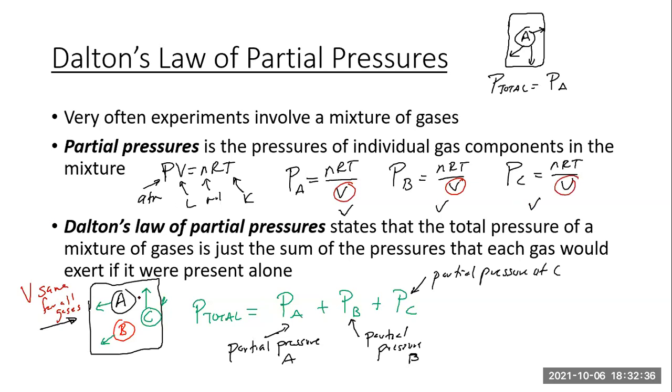The other thing is this container is most likely sitting in a room where the temperature is probably not changing all that much. So the temperature as well for all of those would be the same.